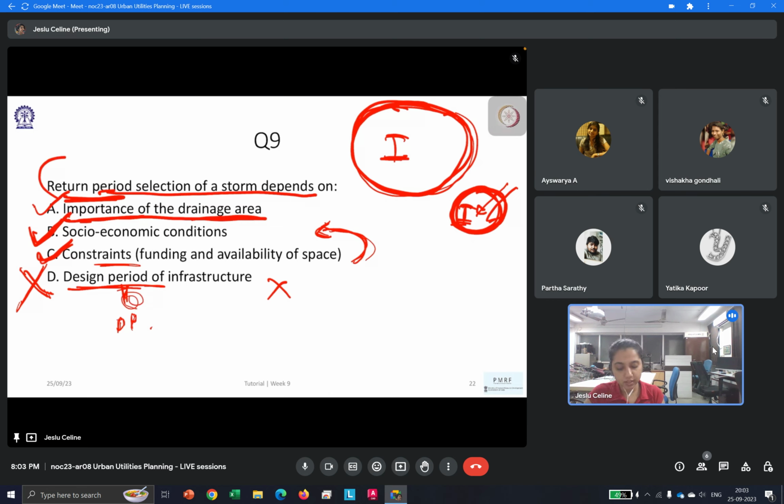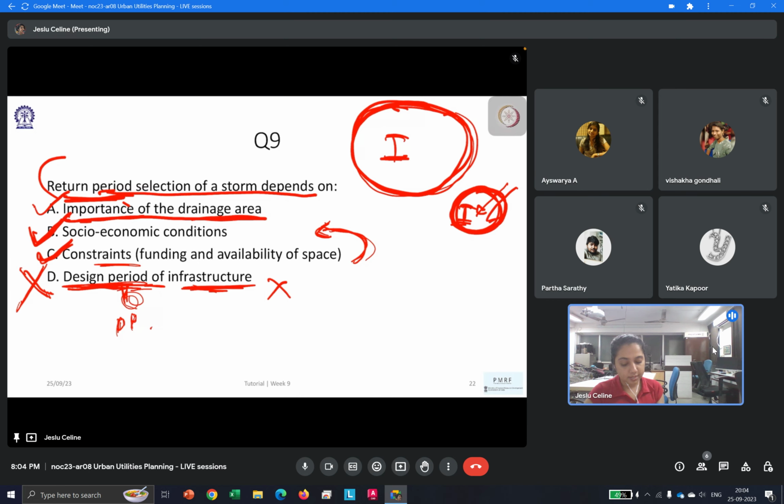Design period, as you said, can depend upon your return period. So as rightly said, if it's a heavy intensity rainfall, maybe it might not be happening always, but you need to have the average return period. You need to know at what frequency it is repeating, or what capacity you need to design the facility for. So not exactly for design period, but while designing the infrastructure, we do take into consideration the average return period, so that you can plan whether the infrastructure is adequate to cater to that return period.